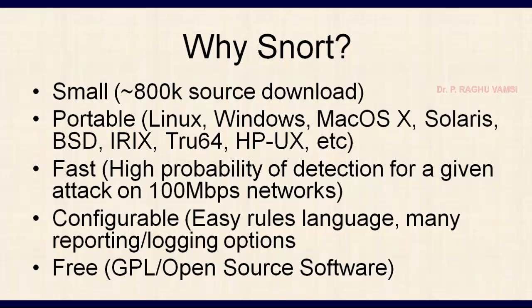But it can be very good at the 100 Mbps level of traffic, and it is very easily configurable, with easy rule formation, and the syntax is also easily remembered, and reporting and logging options are also available. Because of these options, Snort has been used and preferred. And a very important thing for freelancers or startups is that they require free software, and Snort is free software.